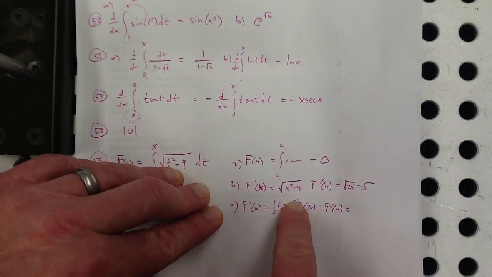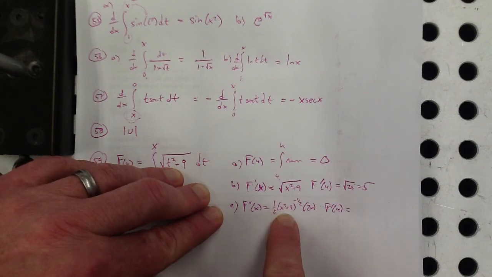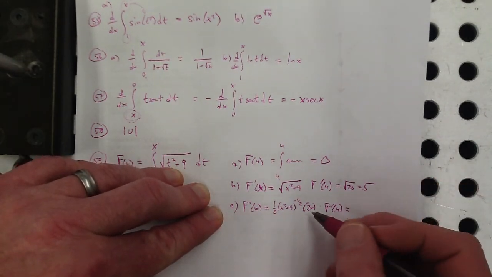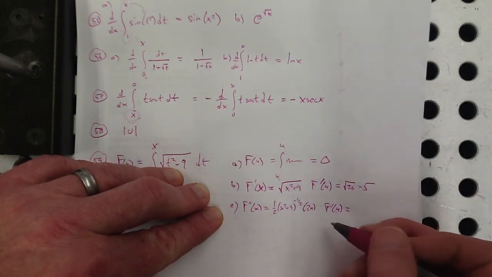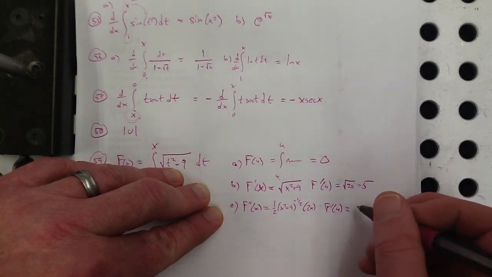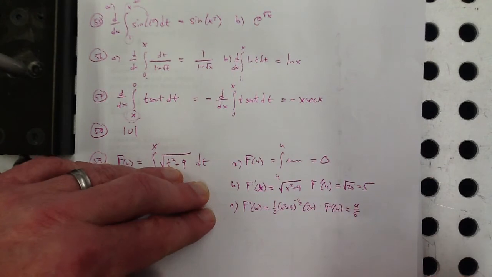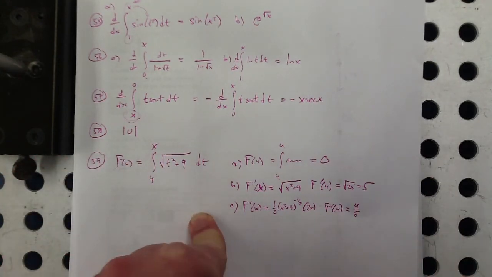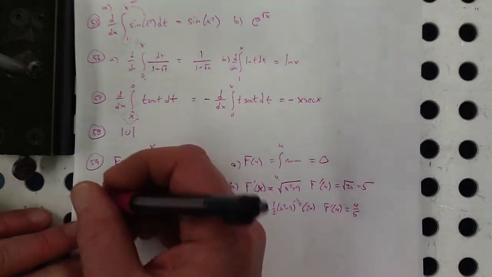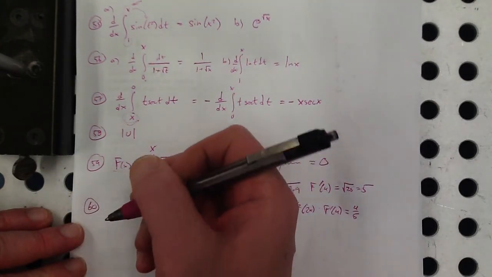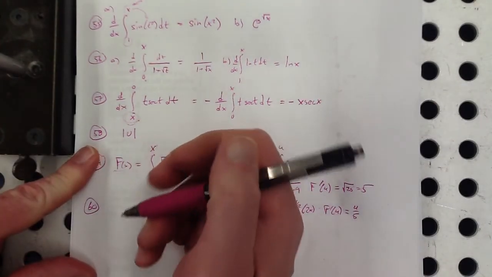Negative makes it go in the bottom, so that's 1/10 times 2 times 4 is 8. So 8/10 or 4/5. That's what I'm getting there. Let me just check those and make sure that I didn't tell you anything bad. That looks good.